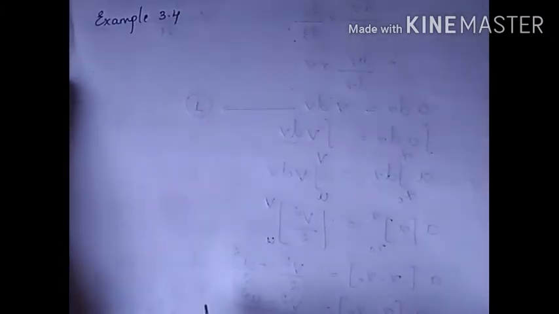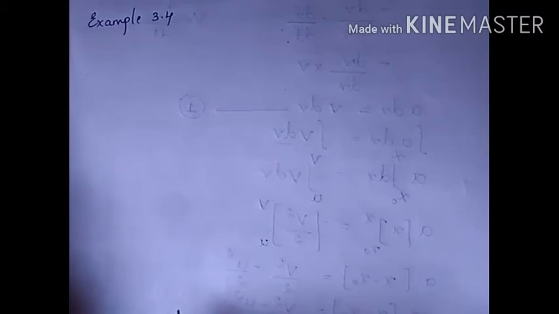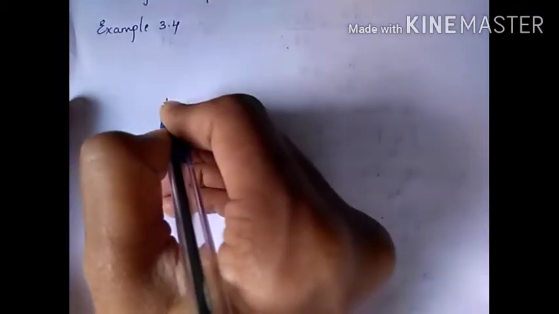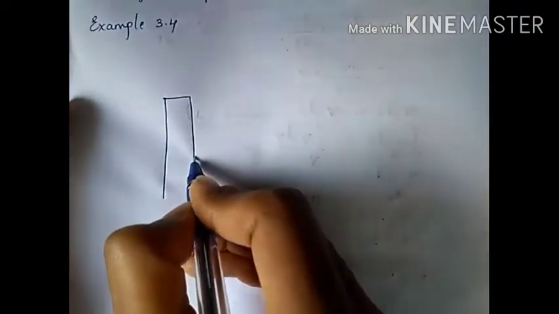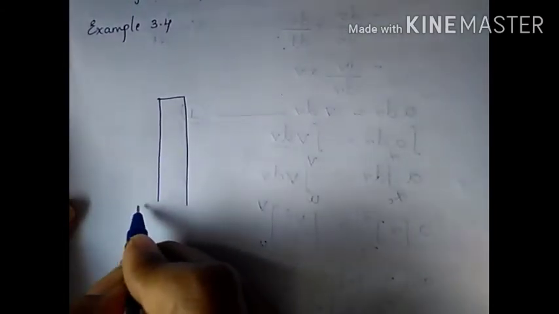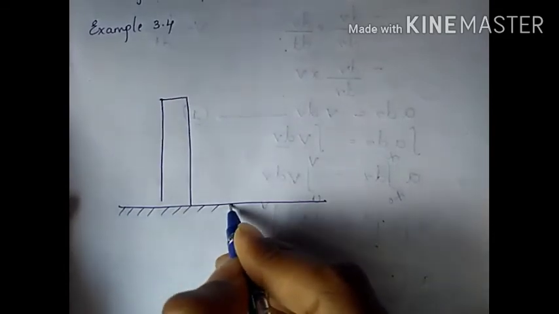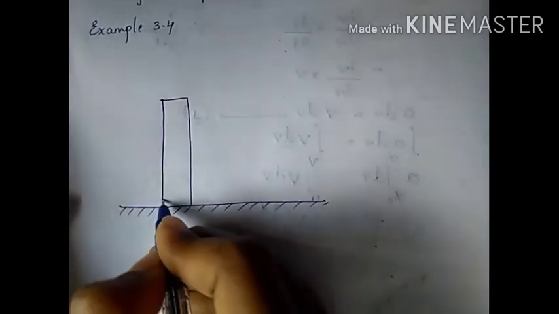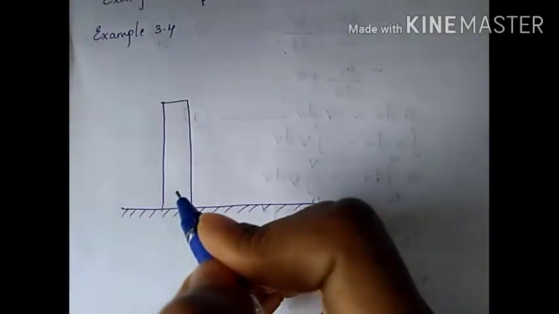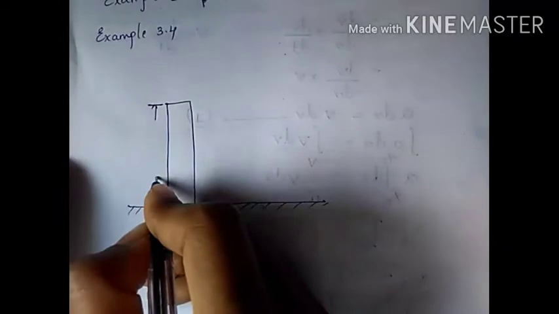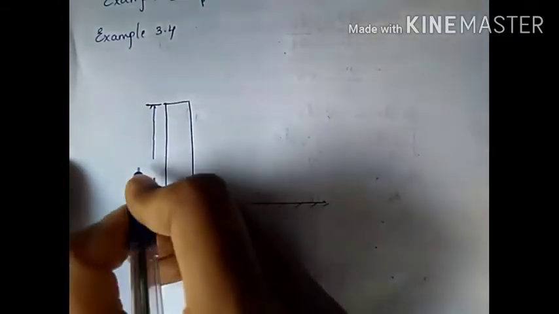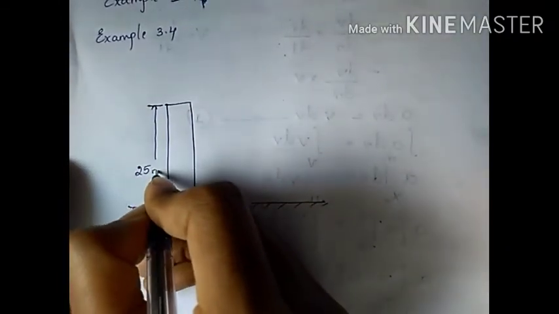In the problem, there is a multi-story building. Let's suppose this is the ground. There is a building which is 25 meters high from the ground, so the height of the building is 25 meters.